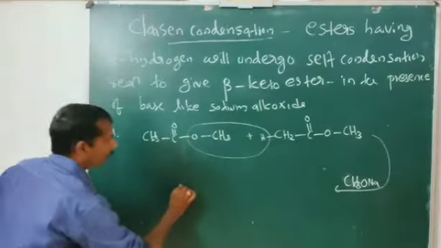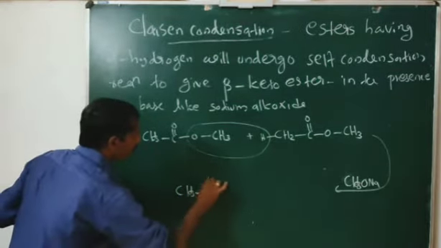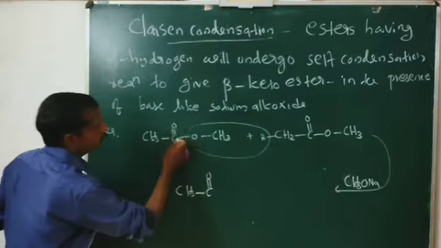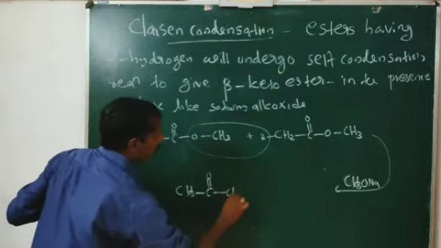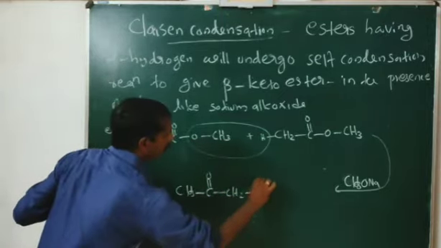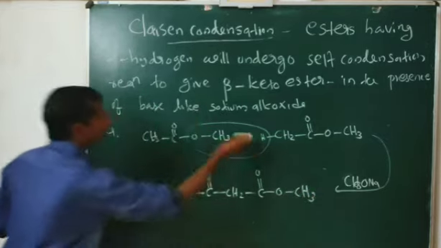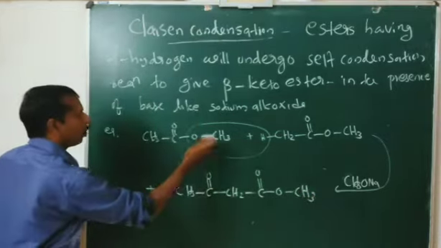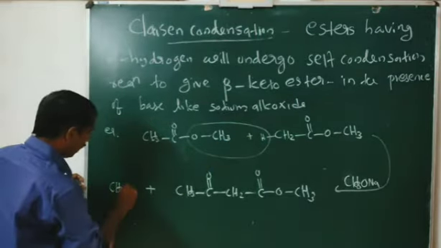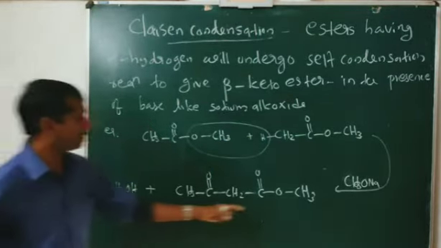The rest is CH3CO, then here it is CH2, and here it is CO, and here it is OCH3, plus CH3OH. Now this is beta keto ester.